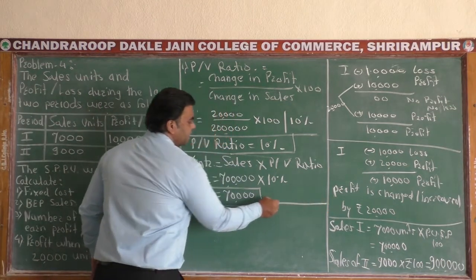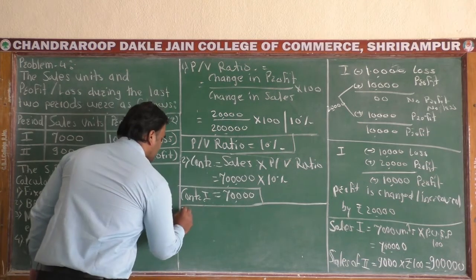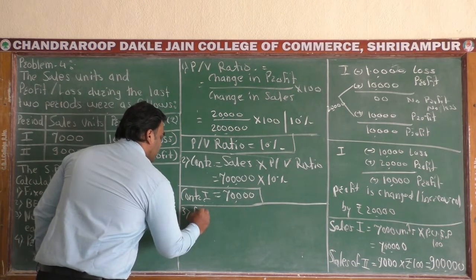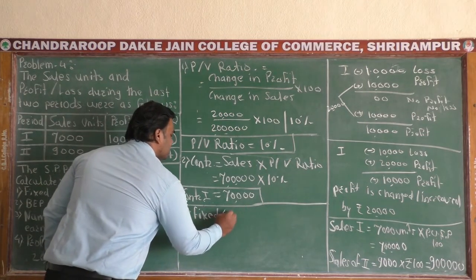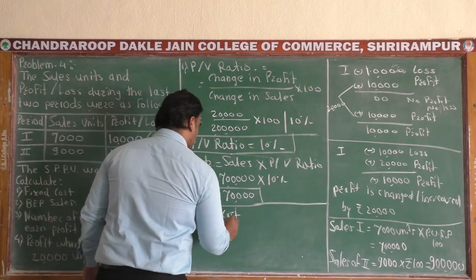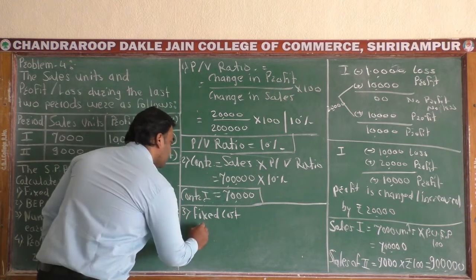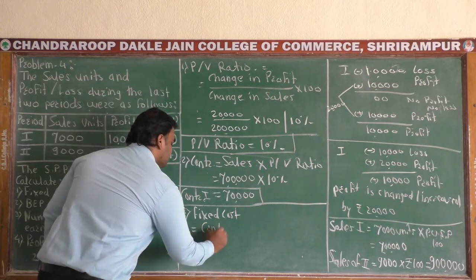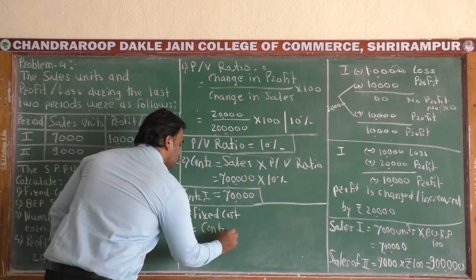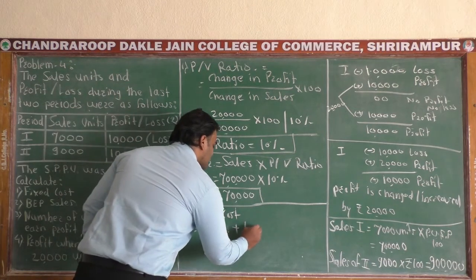So let's calculate fixed cost. Fixed cost is equal to contribution plus loss.